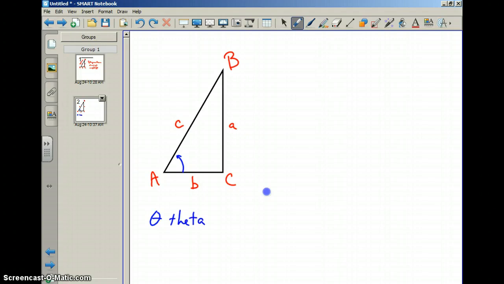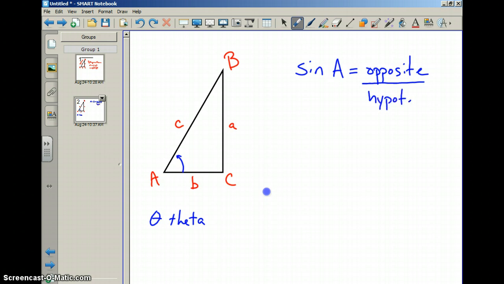But in our example, we will use angle A. The sine of angle A is equal to the length of the opposite side divided by the hypotenuse. Or, in this case, a over c.